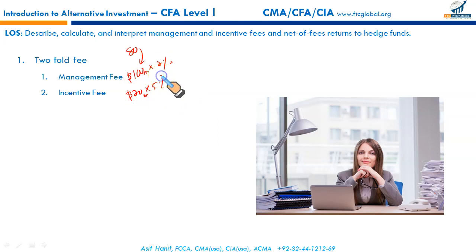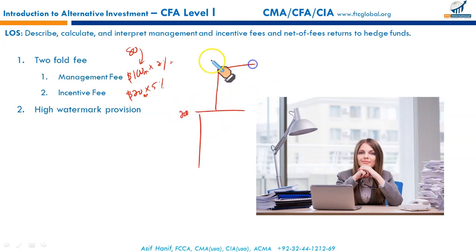In case the fund makes a loss, there will be no incentive fee. Incentive fee is usually payable when there are returns generated by the fund. Then high watermark provision. What's that? Let's say the value of the fund at the end of last year was 200 million and now the value of the fund has moved up to 250 million.